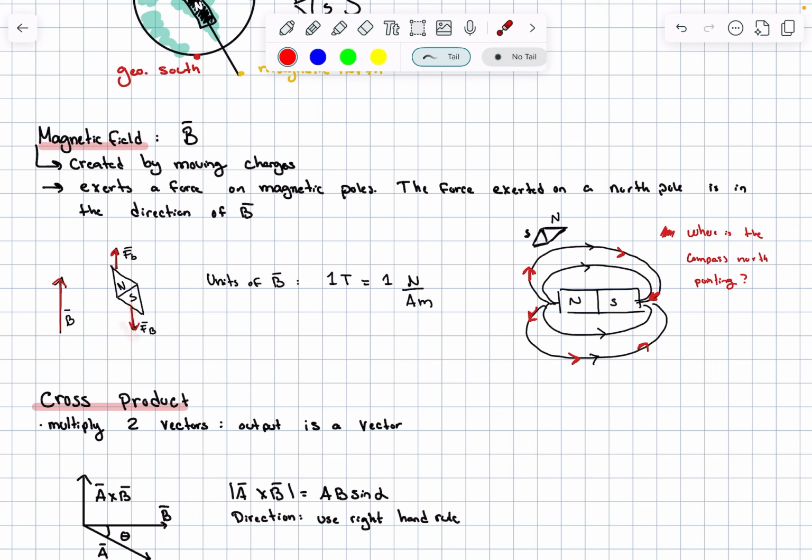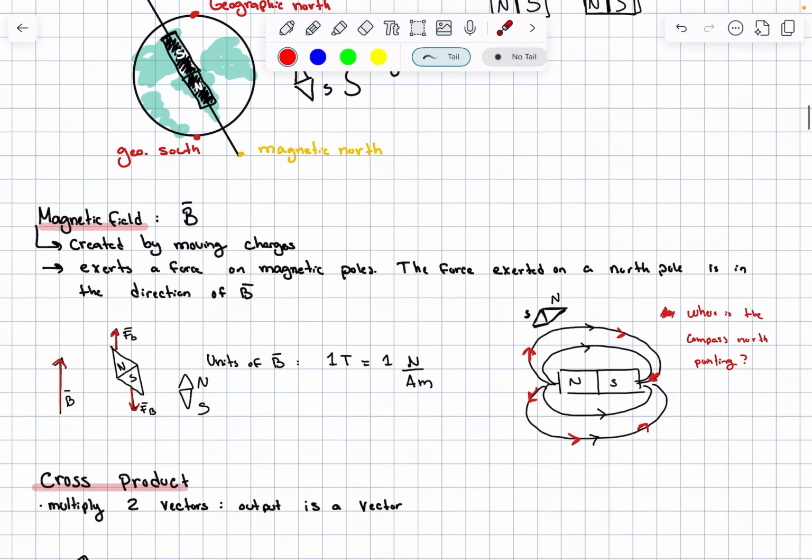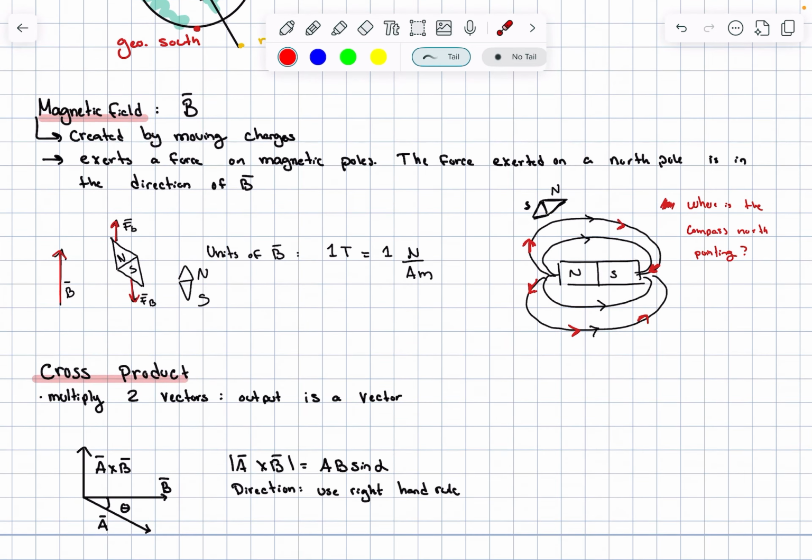So what's actually going to happen is that we're going to have this rotation such that the north is here and the south is here, so that they actually align with the magnetic field. And this, again, is how this magnet works to be able to tell you where is close to geographic north. Now the units of the magnetic field are in Tesla, and Tesla is 1 Newton per amp meter.